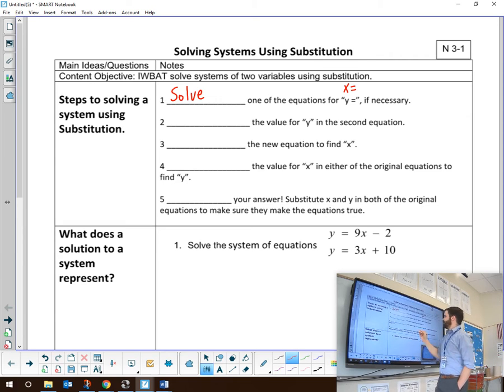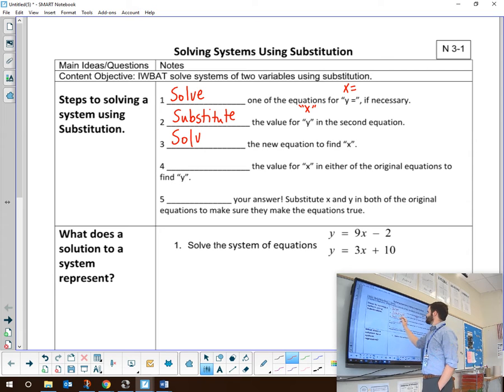Second, we are going to substitute the value for y into the second equation, or in this case, the value for x as well. Then next, we are going to solve that new equation for our other variable. So if we're using y for those first two steps, it's going to be x. If we're using x, it's going to be y.